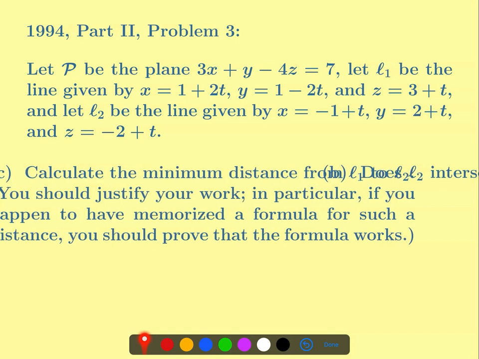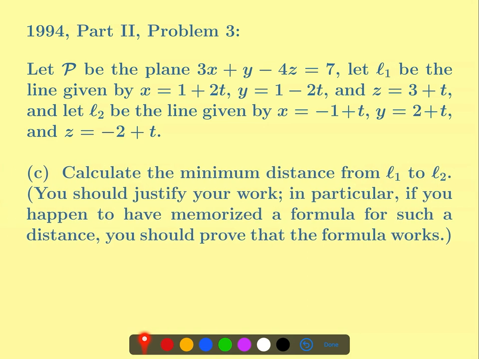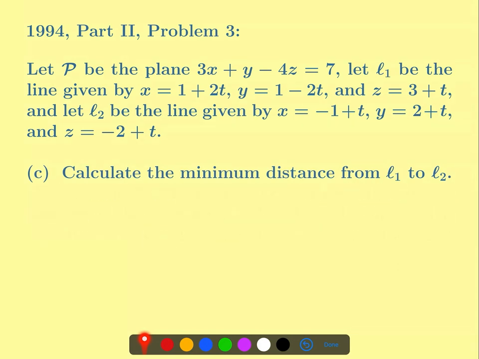So the next question, calculate the minimum distance from L1 to L2. Okay, so we have 2 lines here. We want to know the distance between them. One is on plane P and the other one is not, so they don't intersect. So what does this mean?